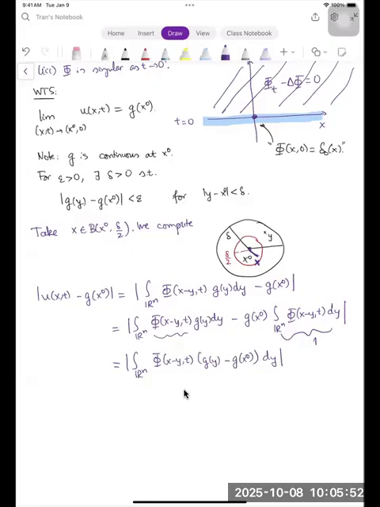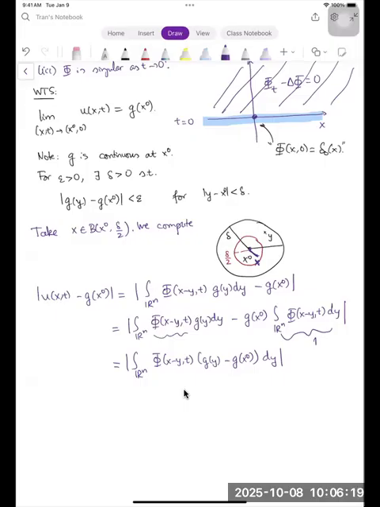Now I'm using the same philosophy as the trick for the Poisson equation, because we know that phi blows up as time goes to zero, and it blows up near the point when y equals x. So I have to split it into two pieces.